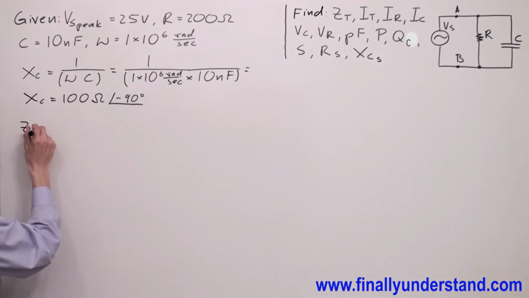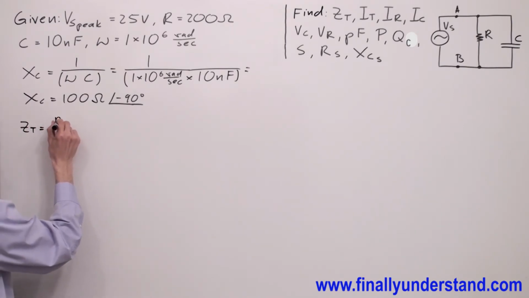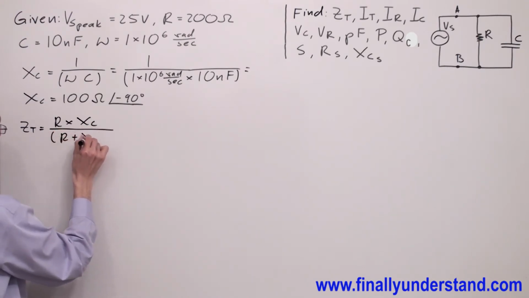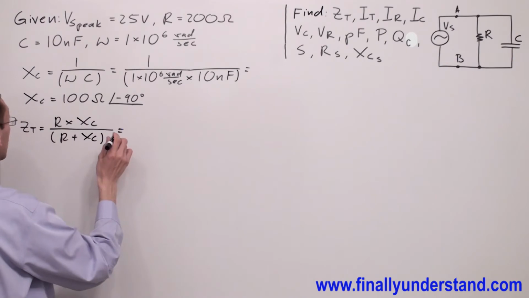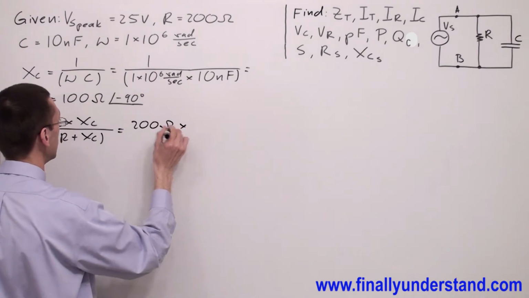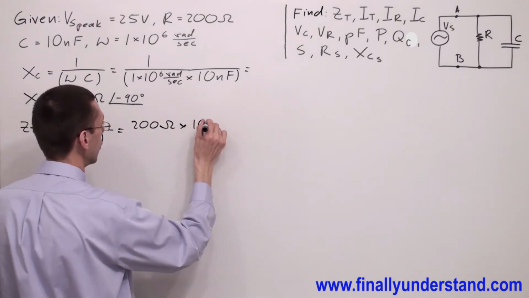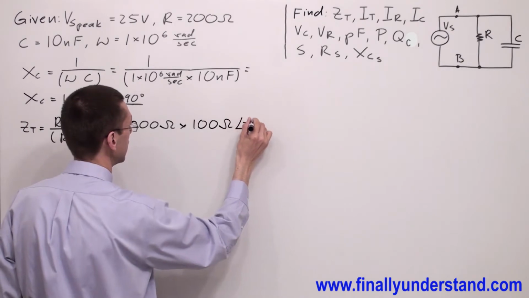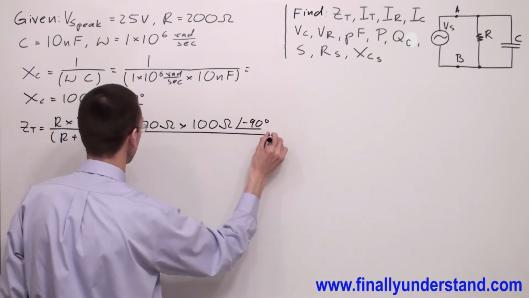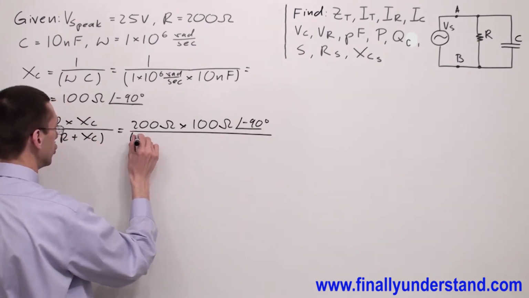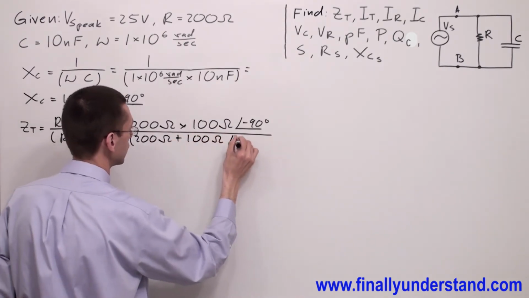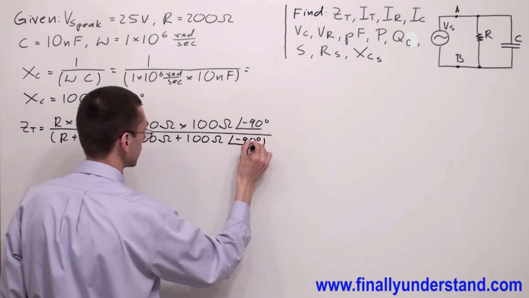So Z total is equal R times X of C over R plus X of C, which is equal resistance is 200 ohms times X of C, which is equal 100 ohms and angle of negative 90 degrees. You cannot forget about the angle, over 200 ohms plus 100 ohms and angle of negative 90 degrees.